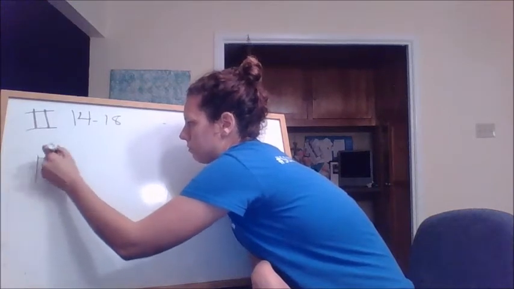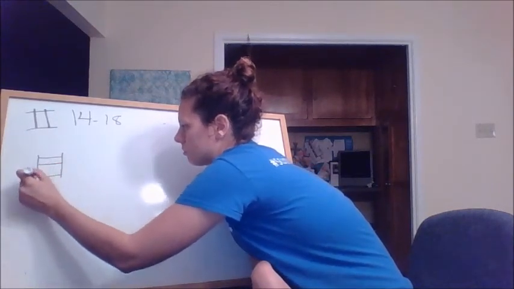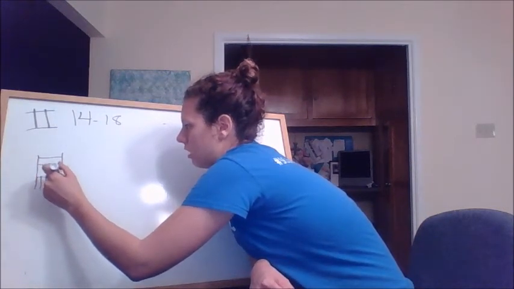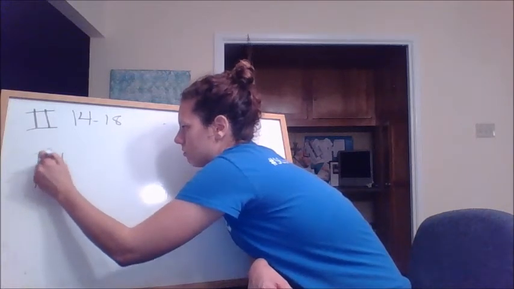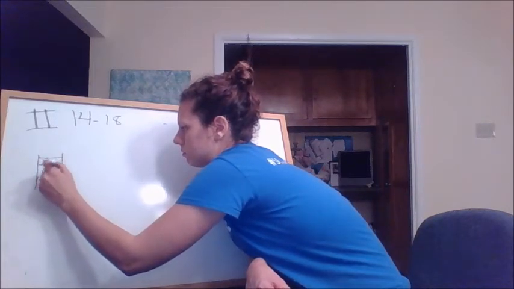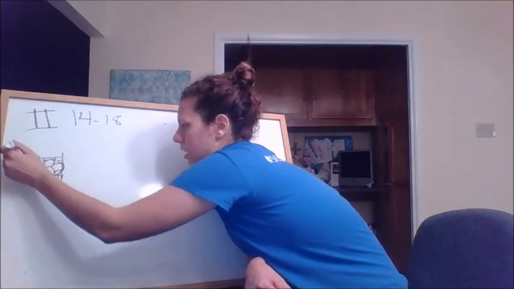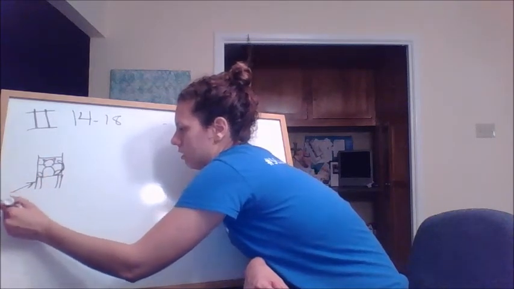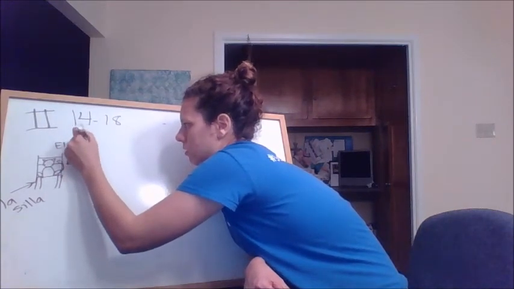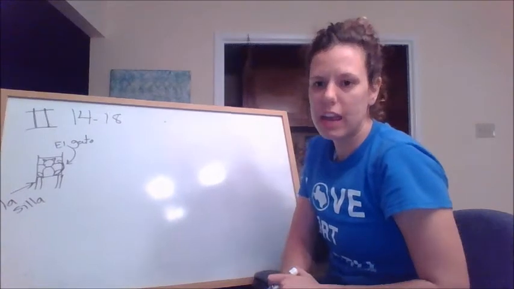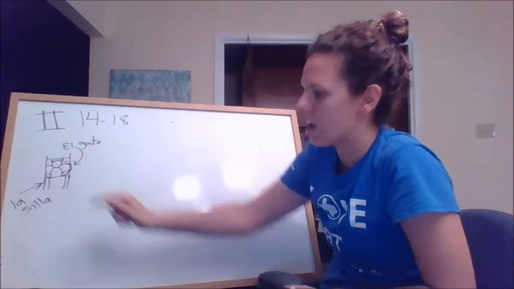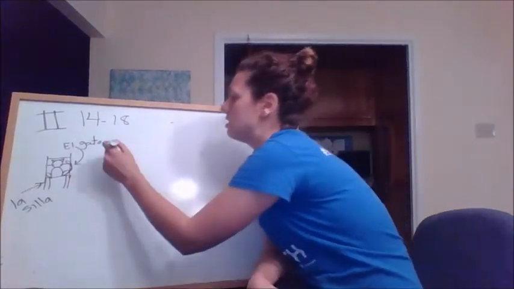Okay, so the parts are labeled for you. So this is a cat in a chair, and it says gato and silla.